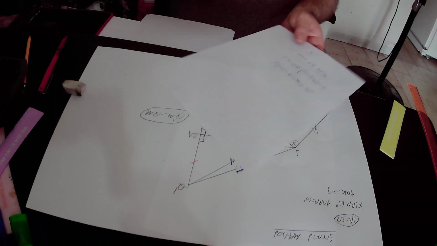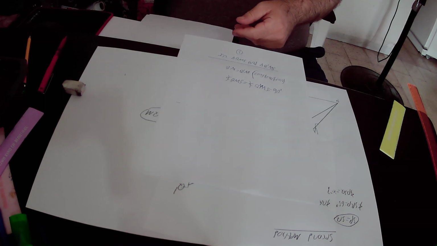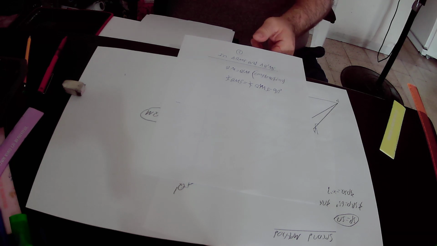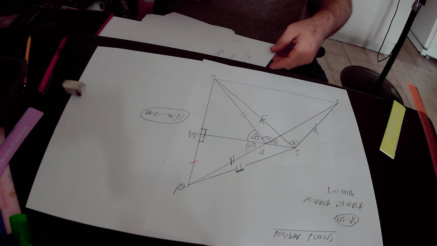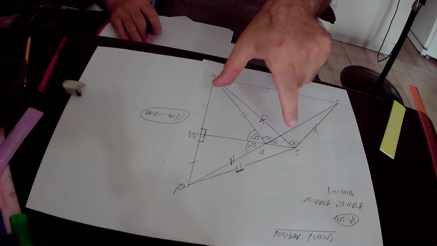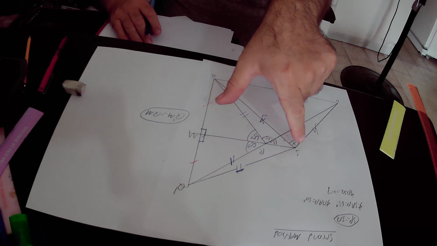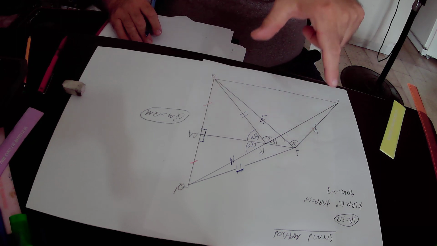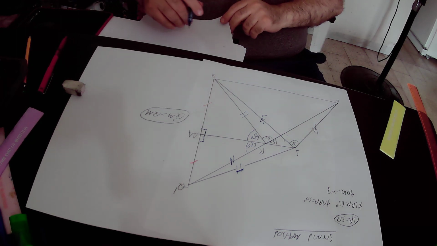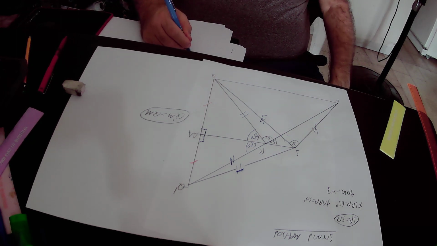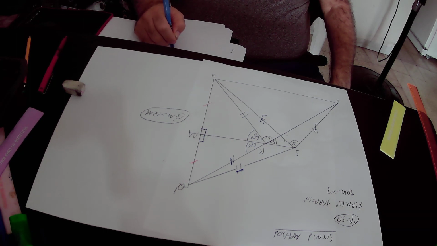And we have a common side. The common side SM belongs to both triangles, so we can write down that SM equals SM as a common side.